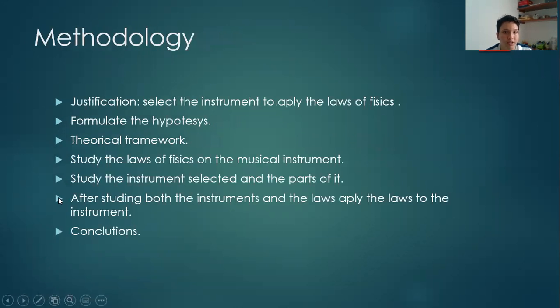Then this is the methodology. First, the justification and selecting the instrument to apply the laws of physics to. Formulate a hypothesis about what could happen, or about what laws can be applied or what laws won't be applied.